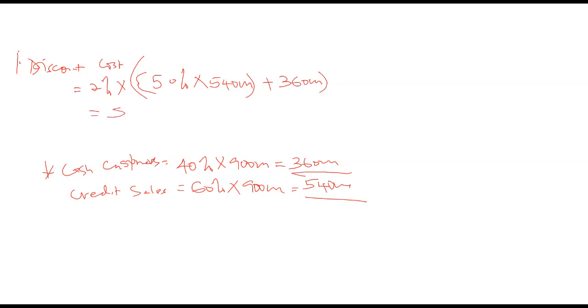Those are the ones who are going to take the discount. Therefore, what is the discount cost of the company? 12.6 million. So you get 12.6 million as the discount cost the company will be giving to the customers.